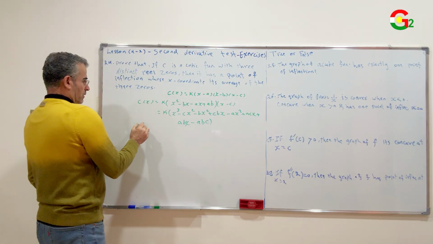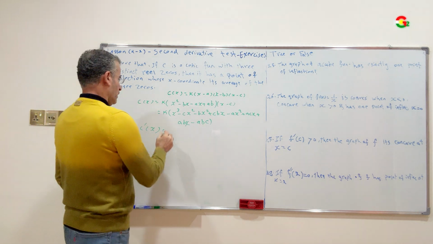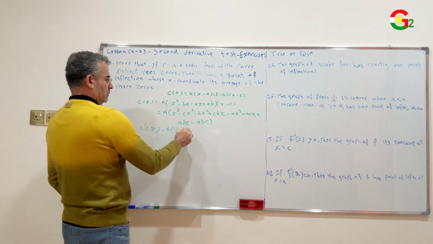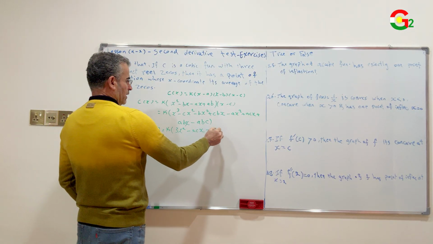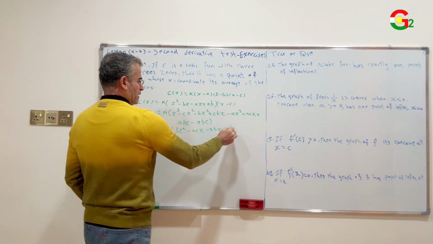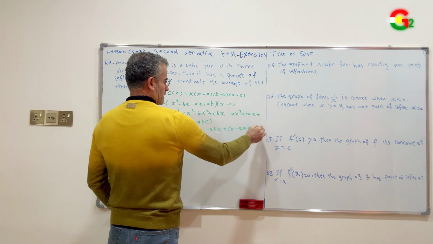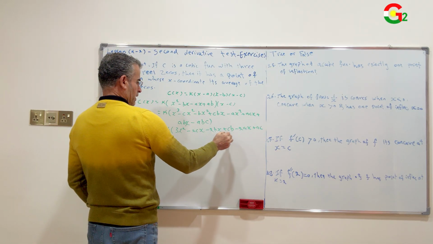Now, differentiate this function: k times (3x power 2 minus 2cx minus 2bx plus cb minus 2ax plus ac plus ab).